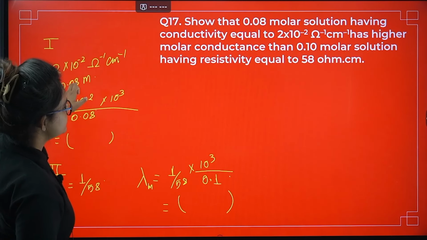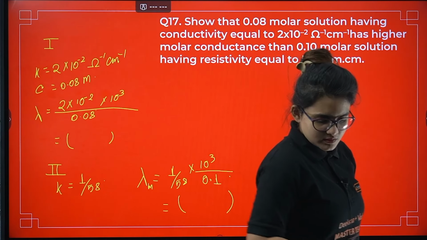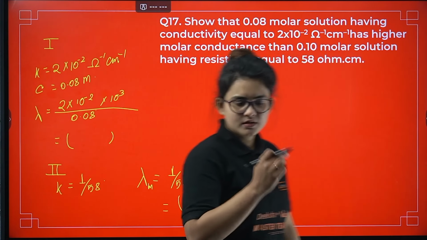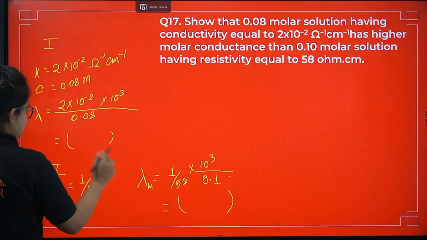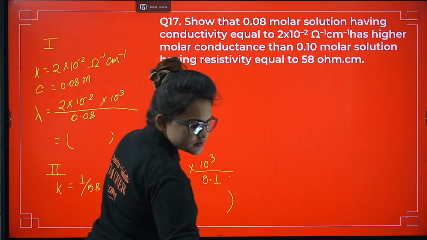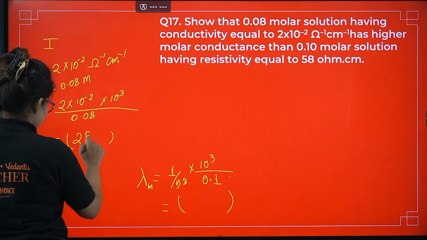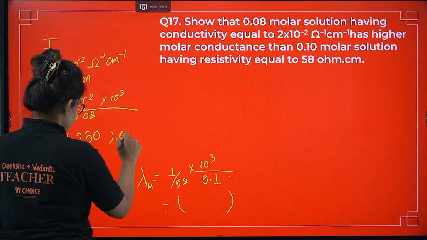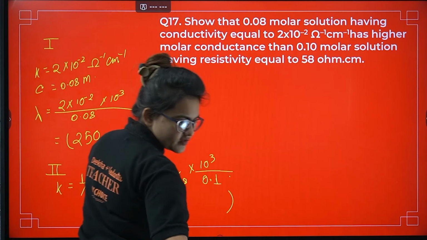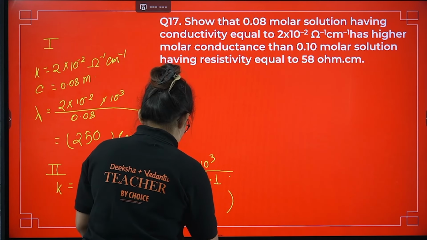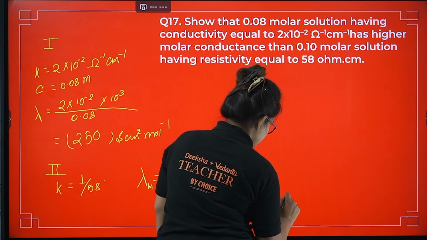For this case the values are basically: you will get 250 Siemens centimeter square mole inverse, and for the second case you will get 172 Siemens centimeter square mole inverse.